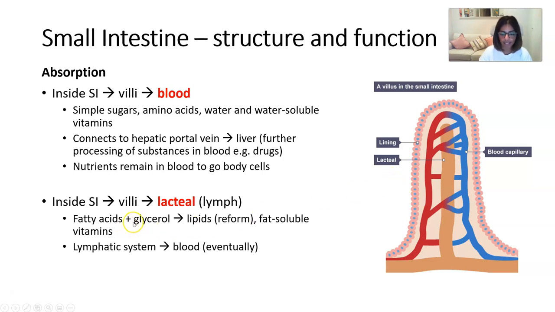So fatty acids and glycerol will be absorbed through that epithelial lining directly into the lacteal, where these fatty acids and glycerol will reform, and they will move throughout the body via the lymphatic system. Eventually, those fat products will return to the blood capillary and the blood vessel system, but that won't happen for a little while.